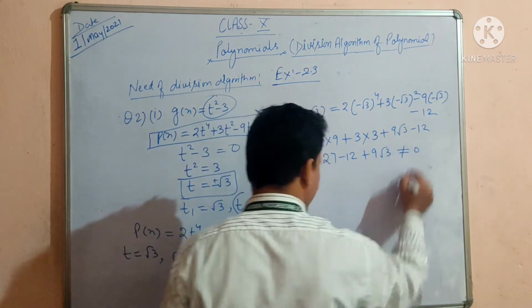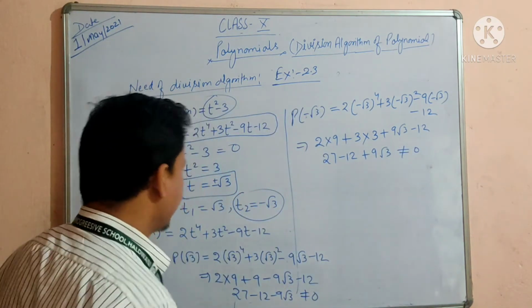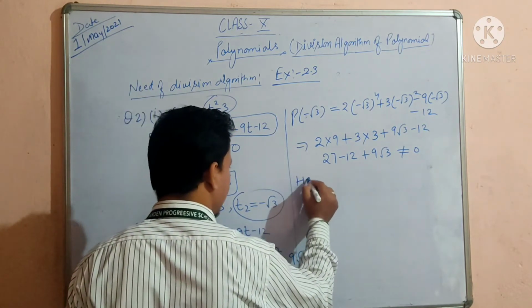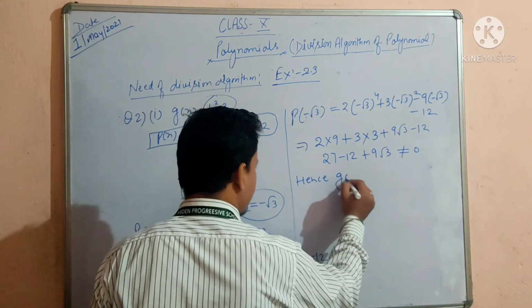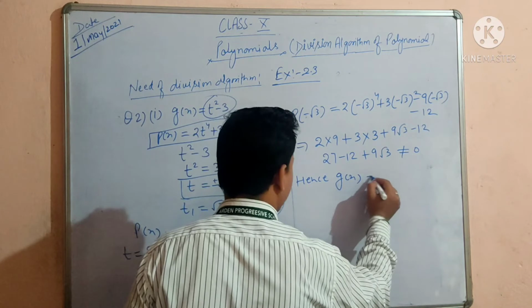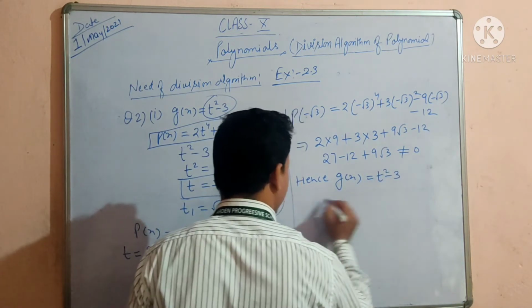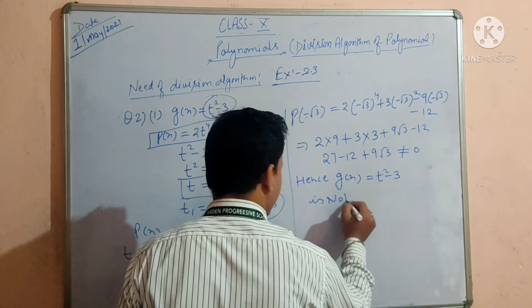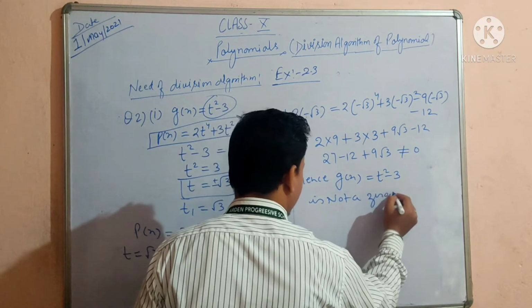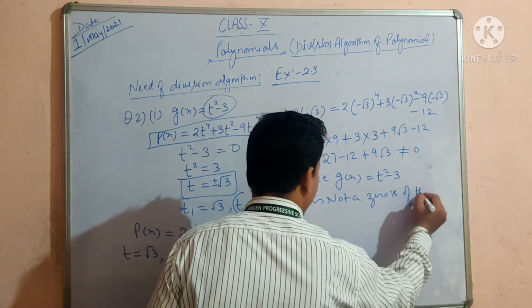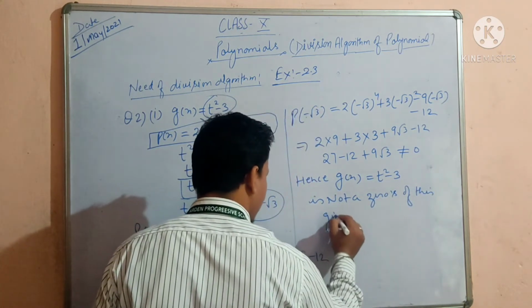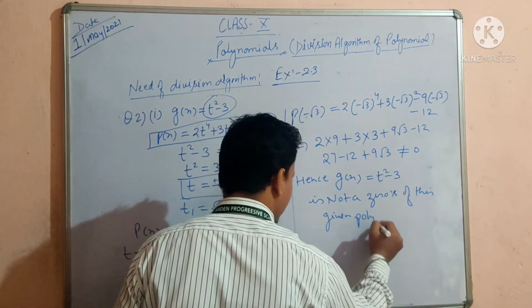Again it is not giving you 0, hence we can say polynomial gx, which is given as t square minus 3, is not a zero of this given polynomial.